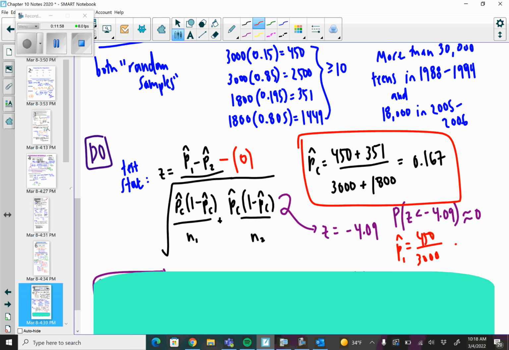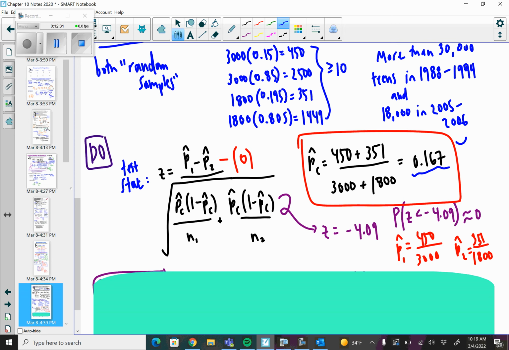And P hat 2 was the 351 out of 1,800, or that 19.5%. So our pooled proportion, adding those together, 450 plus 351, over 3,000 plus 1,800 would give us a pooled proportion of 0.167.